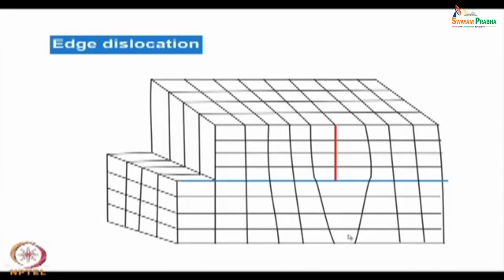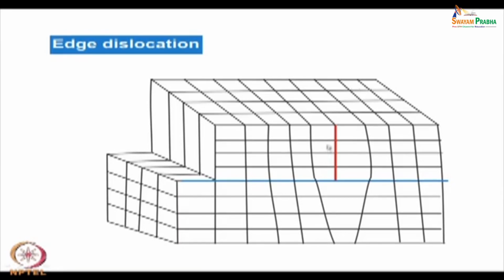On the left part the atoms have been shifted, the deformation has taken place. On the right there is no deformation, and so there is a boundary between the slipped region on the left and the unslipped region on the right. So, that is what it refers to.